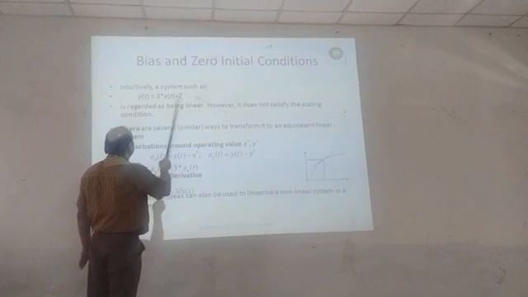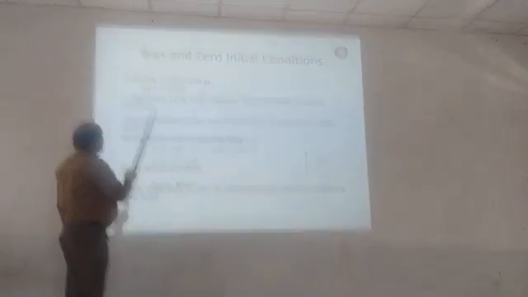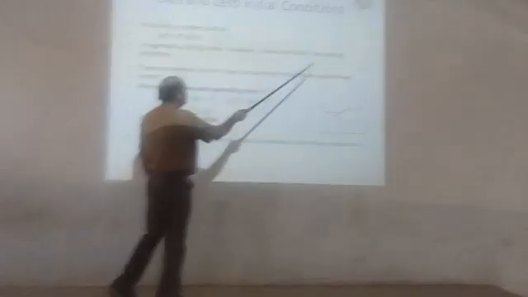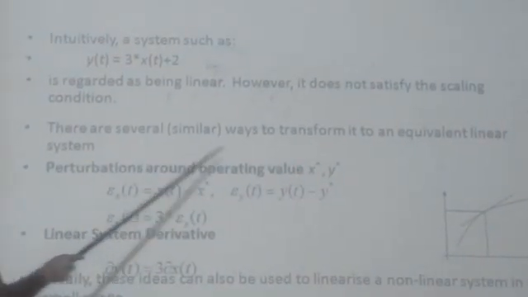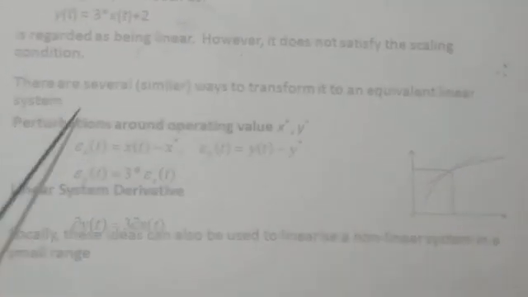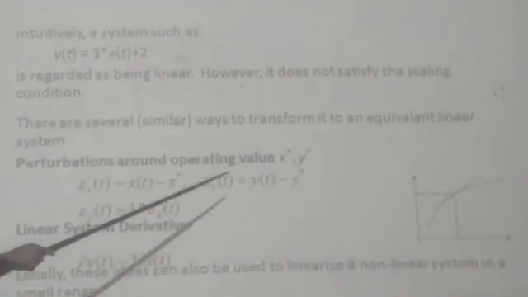Intuitively, a system such as y(t) = 3 x(t) + 2 is regarded as being linear. However, it does not satisfy the scaling condition. This is the scaling condition here. There are several similar ways to transform it to an equivalent linear system. So here, perturbations around operating values x star and y star.